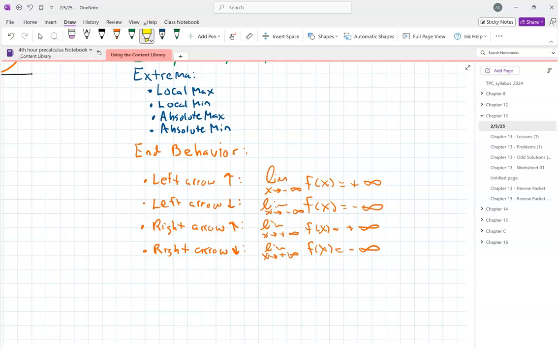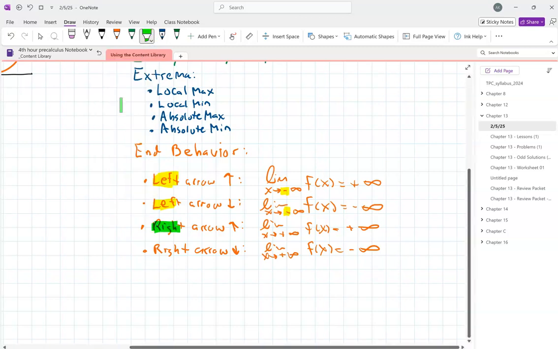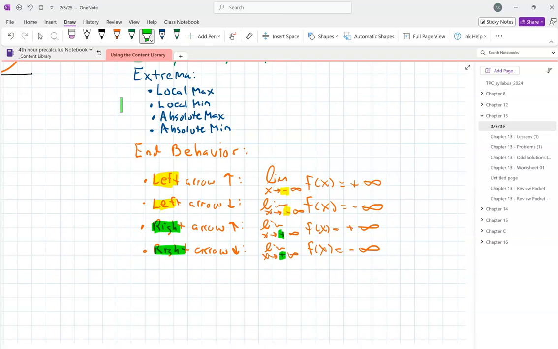And if you notice, these are almost exactly the same looking thing, right? There's just some negative signs that are in different places. So when we're talking about the left arrow, the negative sign is on the infinity. If we're talking about the right arrow, it's a positive sign on that infinity.